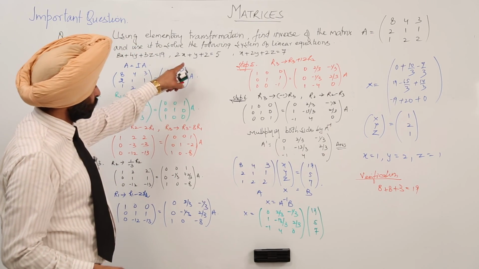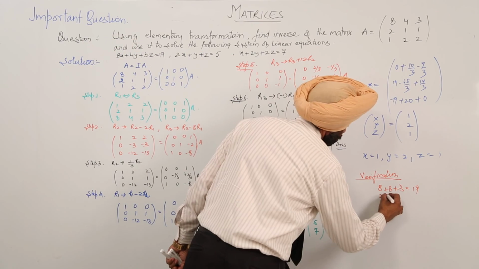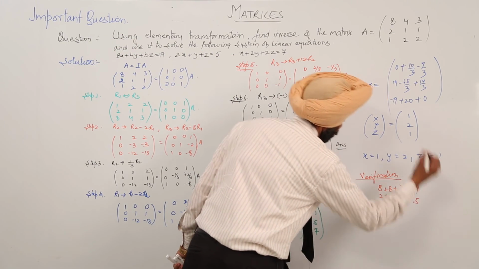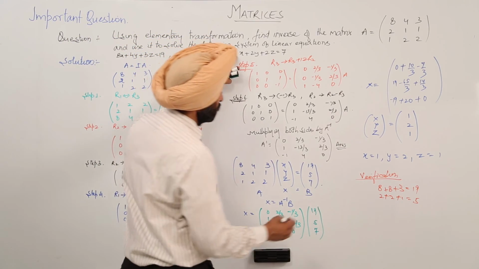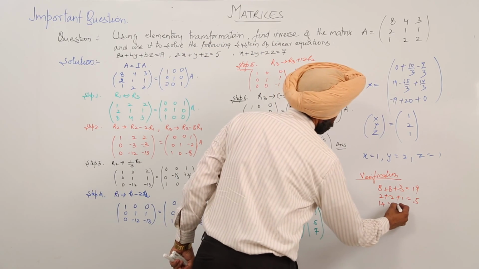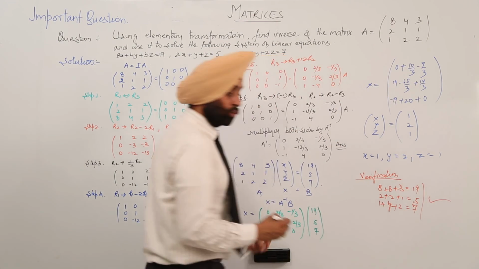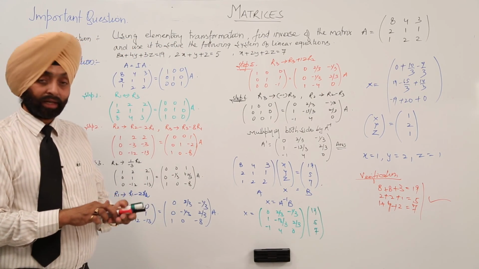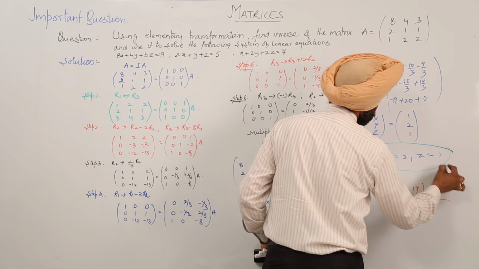Then second equation, 2 plus 2 plus 1 is equal to 5. And for the third equation, now 1 plus 4 plus 2, that is 7. So verification is okay. It means our answers are perfectly right. So these are the answers.